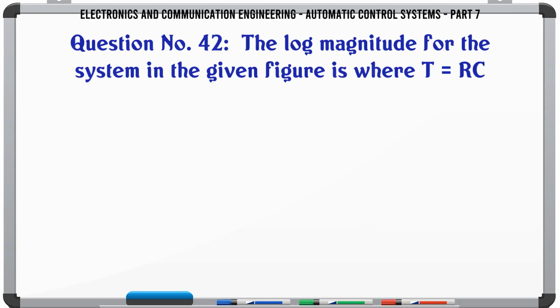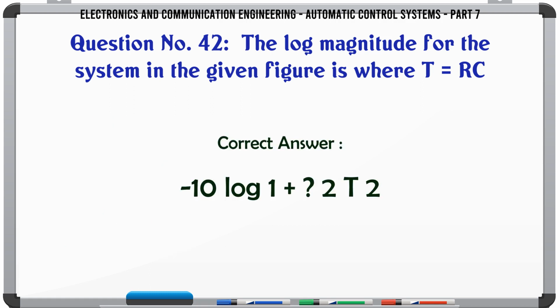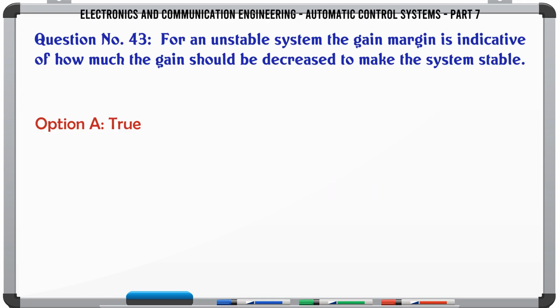The log magnitude for the system in the given figure, where T = RC, is A. 20 log 1/T, B. -20 log 1/T, C. -10 log (1 + ω²T²), D. -20 log (1 + ω²T²). The correct answer is -10 log (1 + ω²T²). For an unstable system, the gain margin is indicative of how much the gain should be decreased to make the system stable.